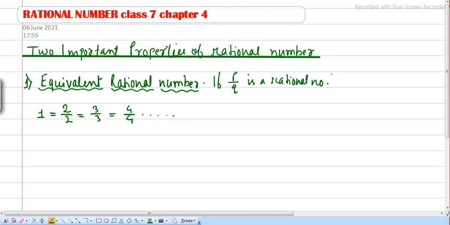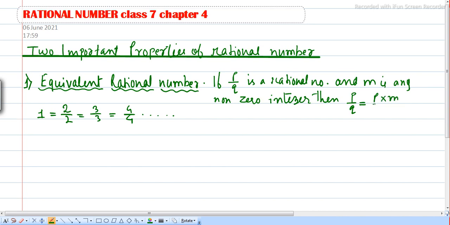If p by q is a rational number and m is any non-zero integer, then p by q is equal to p into m by q into m. So this is the definition of equivalent.